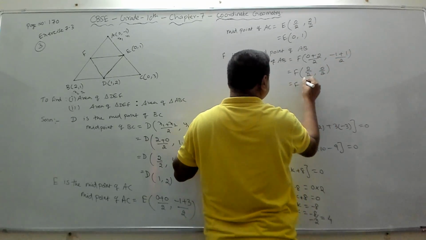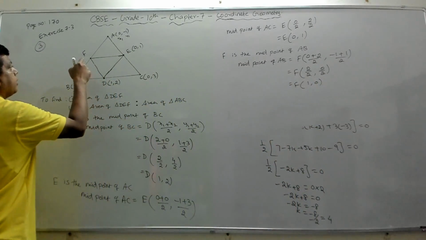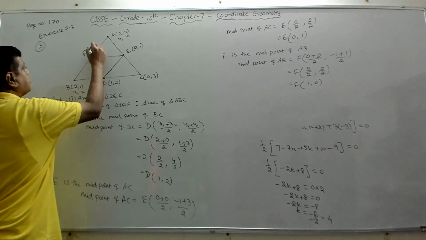So 2 by 2 is 1, 0 by 2 is 0. We have found point F, that is 1 comma 0.